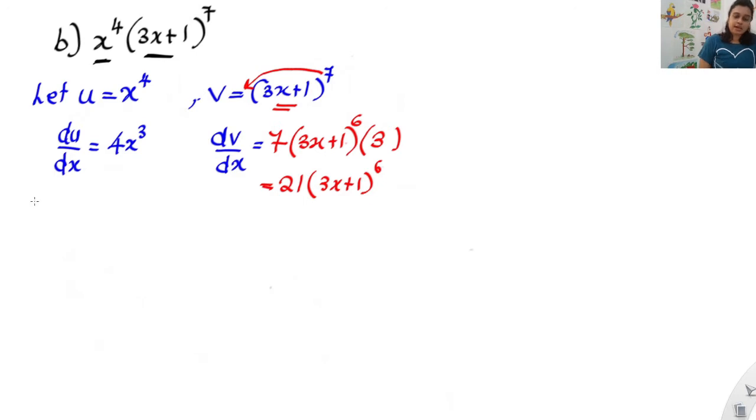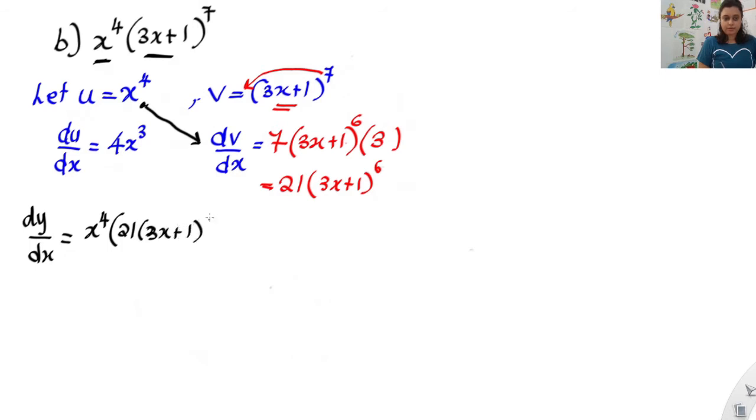Now let's fill it in inside the formula for the product rule. So dy dx is, start with the u. Copy the u first, x power of 4. Then copy the dv dx down, so I'm going to put a bracket, 21, 3x plus 1 power of 6.